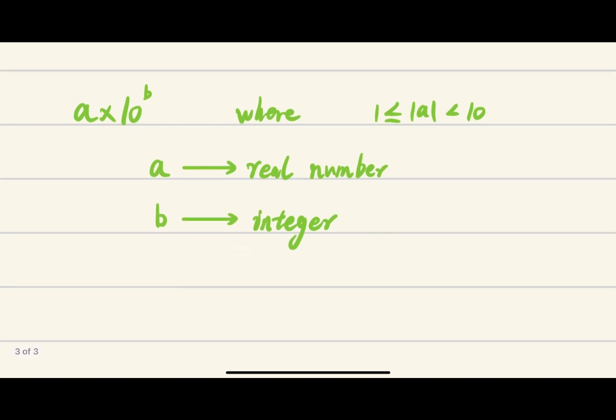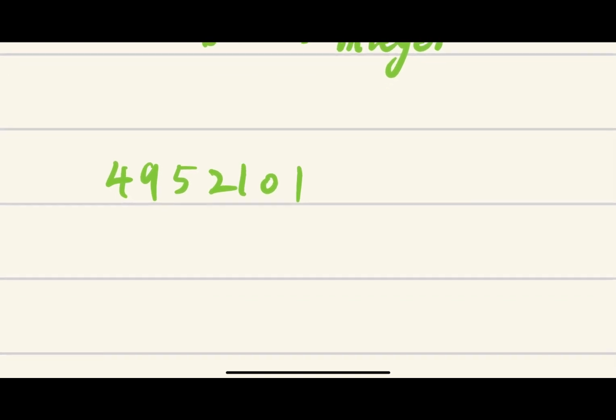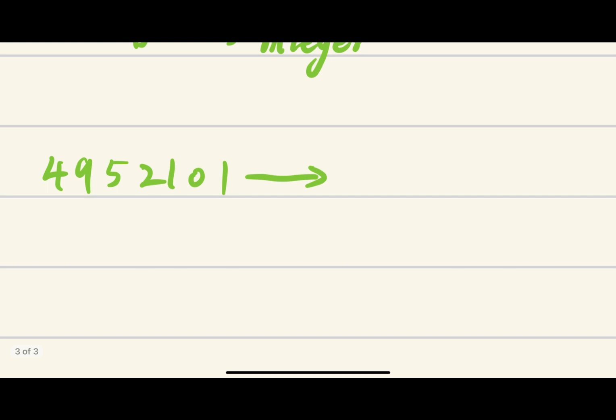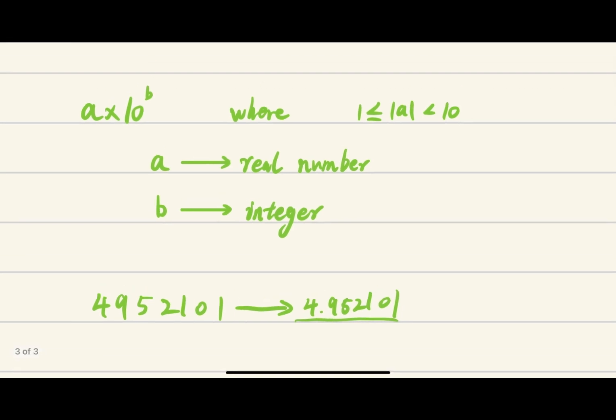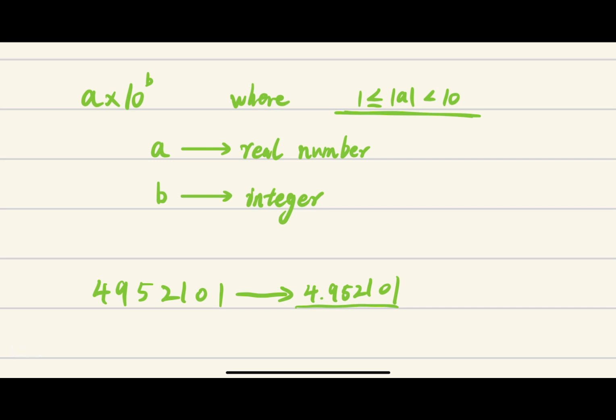Let me give you an example here. Let's say we have a number like 4952101. That's a really long number. So what are we going to do here? We're going to transform it into a neat form. I'm going to write 4.952101, and that is within the interval that we have restricted for a.